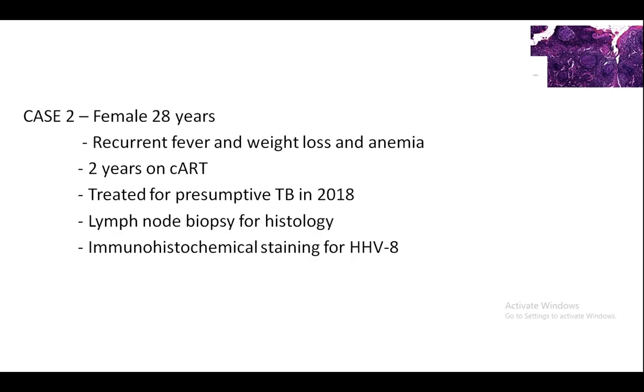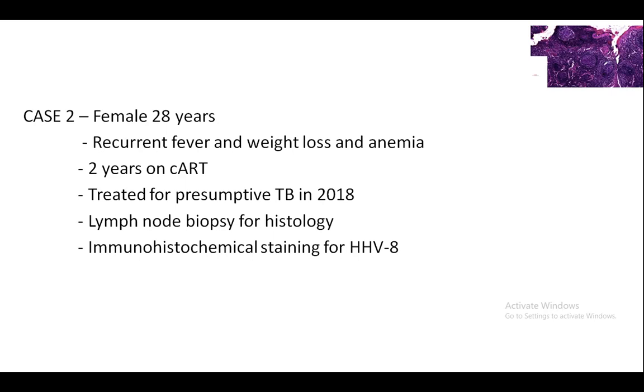The second case is that of a female, 28 years old, who also presented with recurrent fever, weight loss, and anemia. For this, she had received multiple blood transfusions, and she had been on ARVs for 2 years and was also compliant.